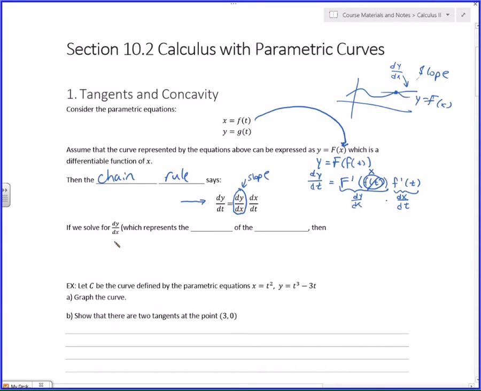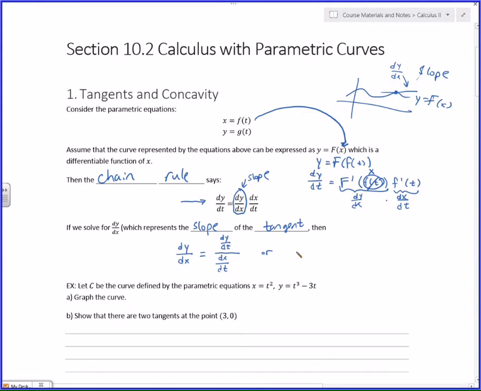So if we solve for dy dx, which represents the slope of the tangent, then we get what we really want. I'm just going to divide the dx dt to the other side so that the slope of the tangent, dy dx, is dy dt divided by dx dt.